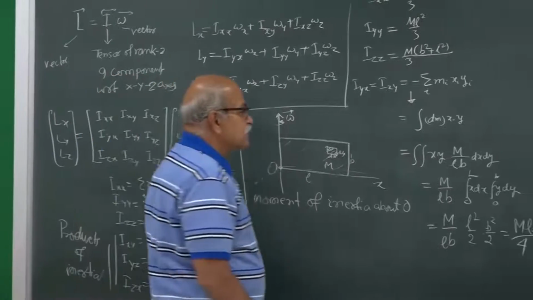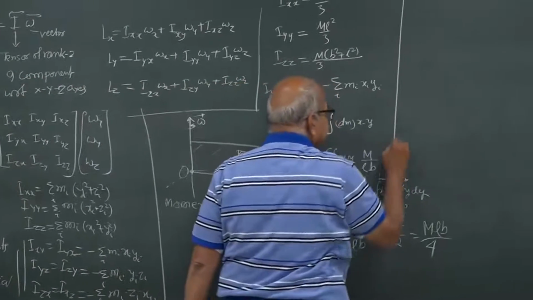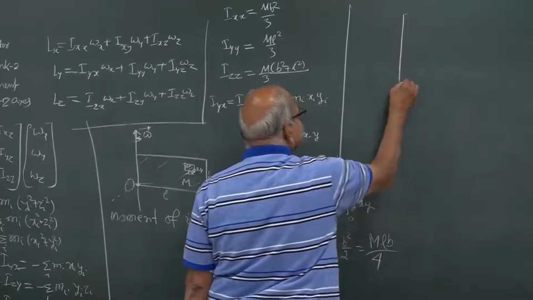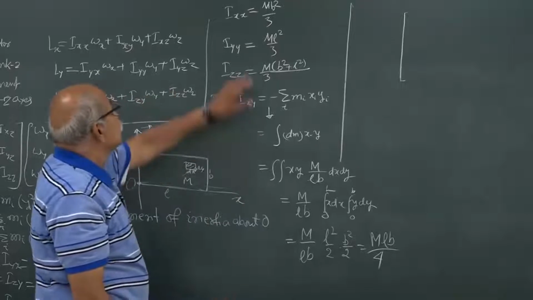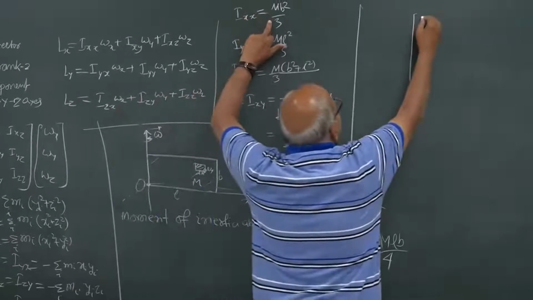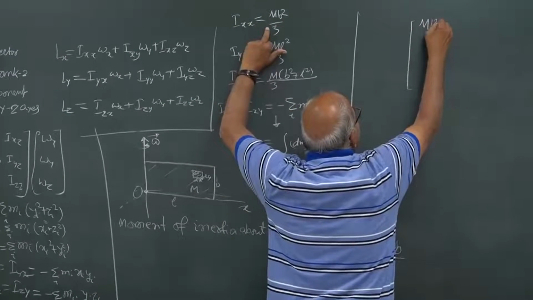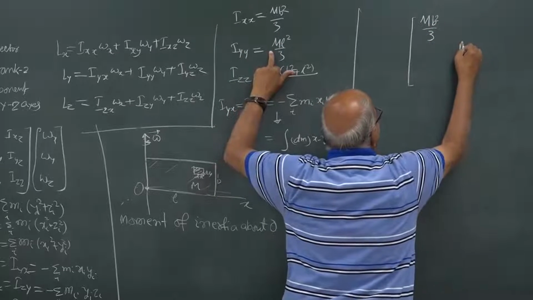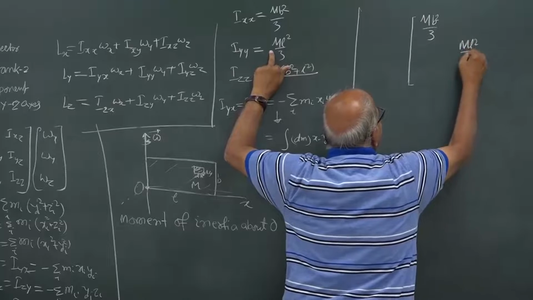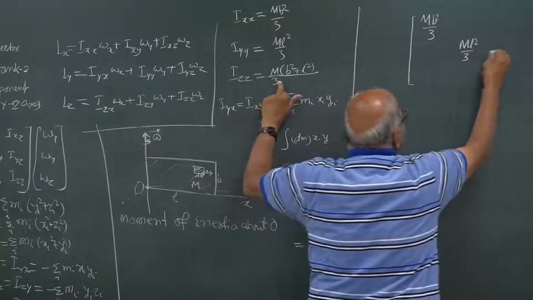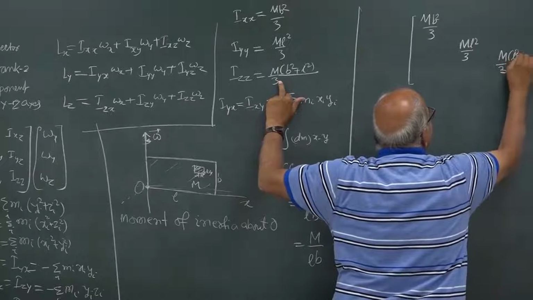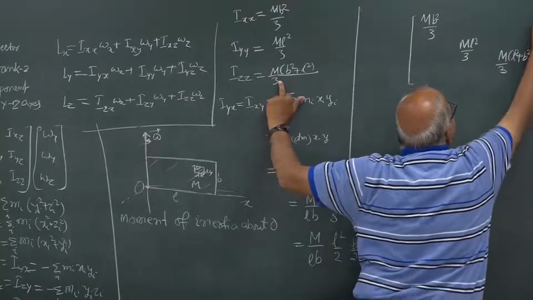So, let me write the moment of inertia tensor. That moment of inertia tensor is Ixx, which is here, m b square by 3, Iyy I have to write here, m L square by 3, and Izz I have to write here, m by 3 and then L square plus b square.